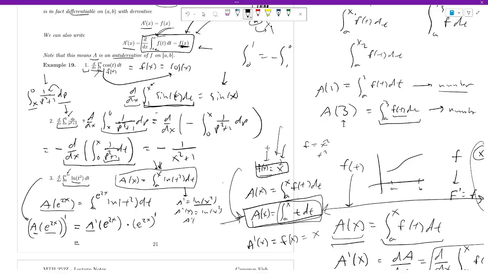So a prime of something else, like e to the 2x, is log of that something else, e to the 2x, squared. So I'm going to put here log of e to the 2x squared. Right, the e to the 2x is taking the role of the x when I say a prime of x is log of x squared.